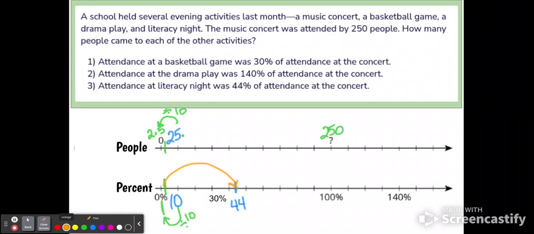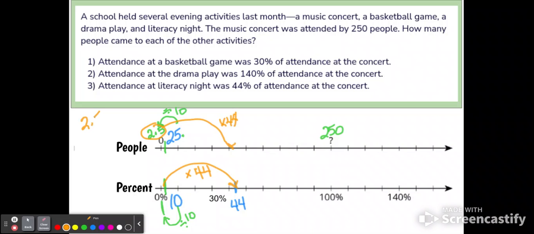So I'm going to ask myself, how many ones are in 44? Well, there are 44 of them. So I'm going to take my 2.5, and I'm going to say 2.5 times 44 is going to get me my answer.